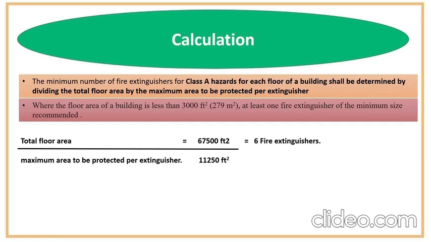The total floor area is taken as 67,500 square feet, and according to standard the maximum area to be protected per extinguisher is 11,250 square feet. So when I divide the floor area by the maximum area to be protected per extinguisher, I get 6 extinguishers required to cover the floor area.